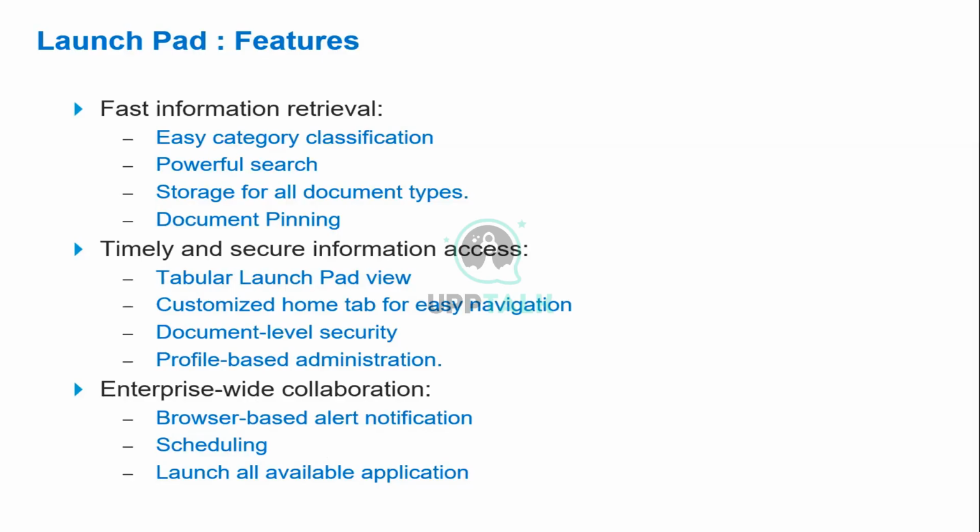If we keep all the options and schedule, it will run every week by itself automatically, and the report will be saved in the repository or sent to the user mail ID based on our requirement. We can set up all the features there and launch all available applications.